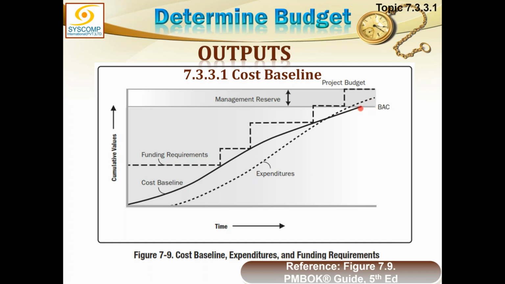If we can somehow manage it to finish or end at this BAC point, that is fantastic, because that way we would not have spent anything extra. But in case we have to spend anything extra, this will come to a new point of finish, and this new point of finish is called estimate at completion, EAC, estimate at completion, and that is my projected value or my forecast.